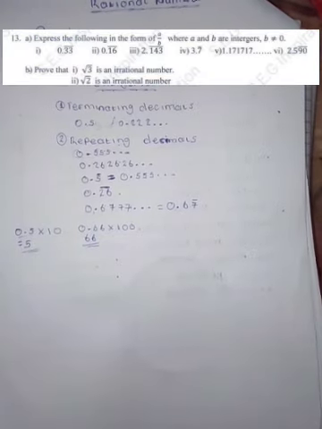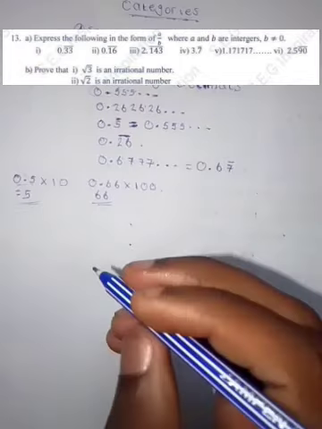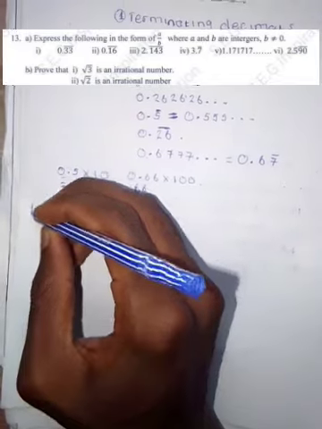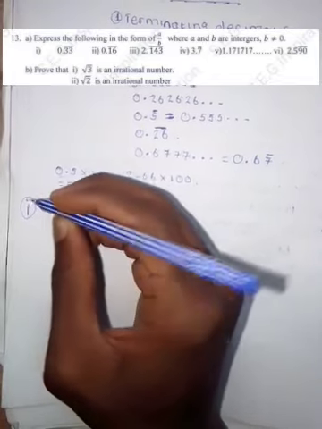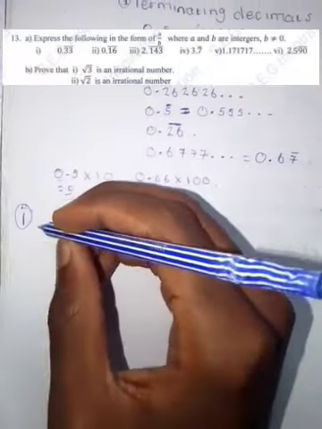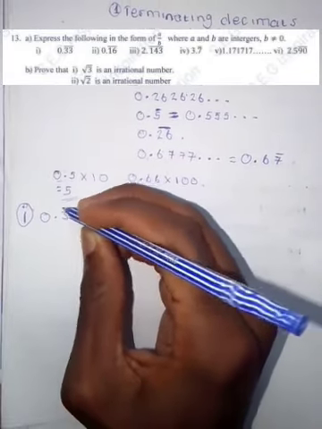Okay, so let us try to solve some of the questions from the tutorial sheet, as you can see on the screen. Let's go ahead and solve the first question. We are converting 0.33 repeating.